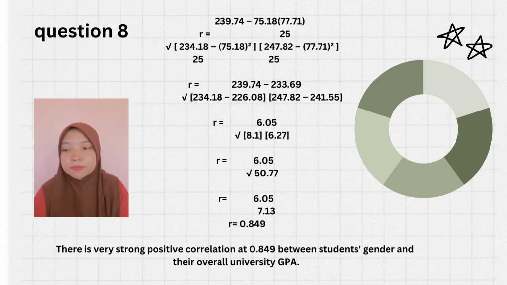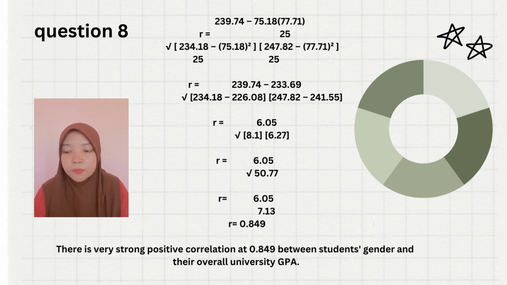Question A. 239.74 minus 75.8 equals 25, divided by 234.8 minus 75.8 bracket 2, and bracket 247.82 minus 77.71 bracket 2, and the answer is 25.